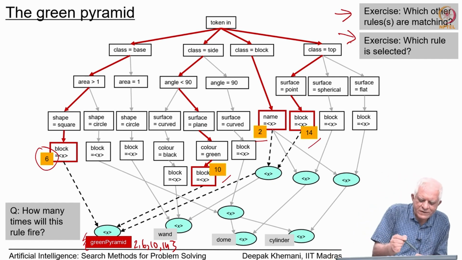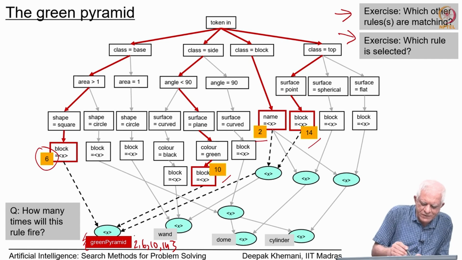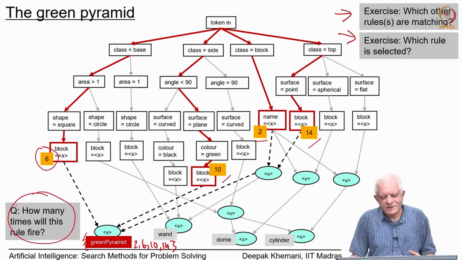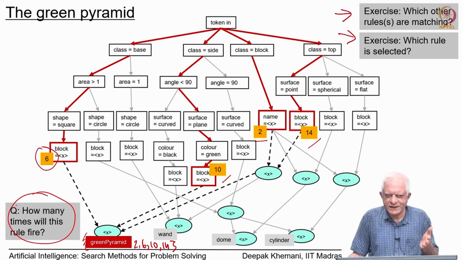Another question I would like to ask you is: supposing this green pyramid rule with this data 2, 6, 10 and 14 is selected, how many times will this rule fire? Now, if you look at this rule, it simply says to add a new working memory element saying that 2 is a green pyramid. There is no deletion happening. So, this same rule will continue to match in the conflict set.